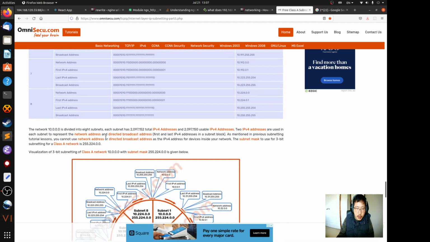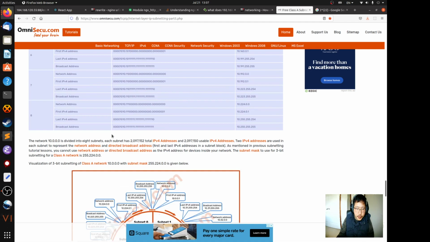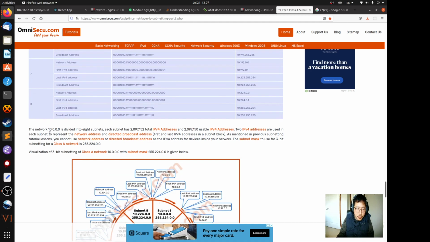So here it says the network 10.0.0.0 is divided into 8 subnets. Each subnet has around 2 million IP addresses. So how do we get that? Well, remember we have borrowed 3 bits.